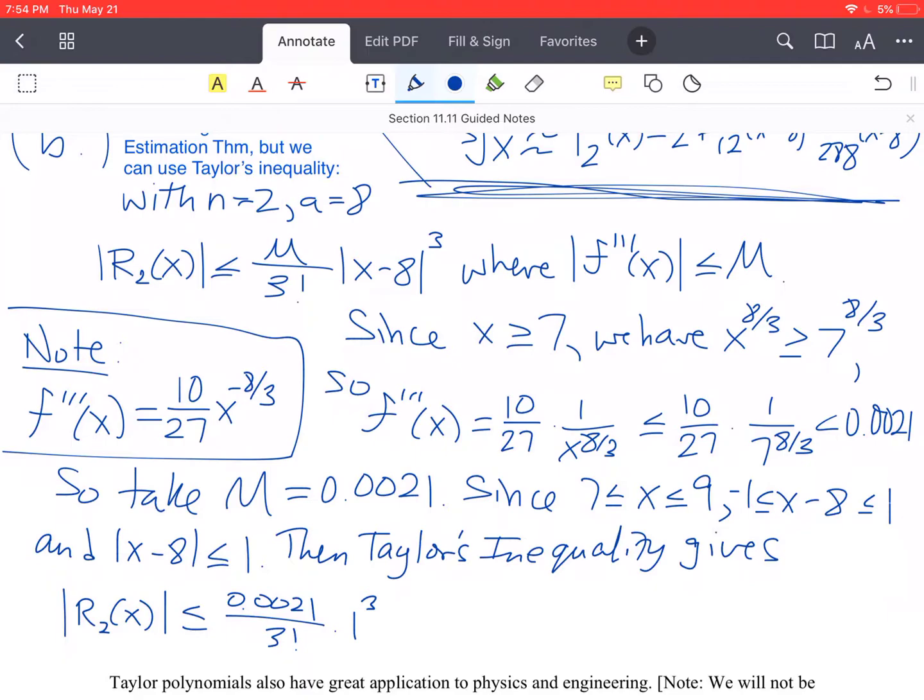Because where we have it, the absolute value of x minus 8 is less than or equal to 1, so that's what's going in right here. Okay, and this is just 0.0021 over 6, which is less than 0.0004. So that gives us the remainder is less than 0.0004. And the remainder, again, is that error. Okay, so that tells us how accurate we are.